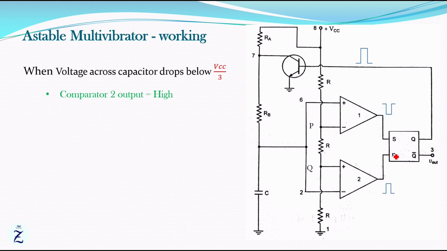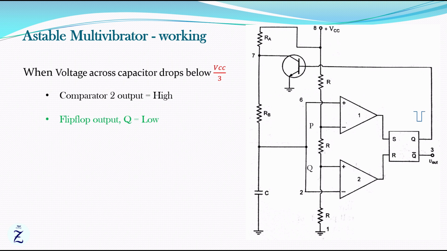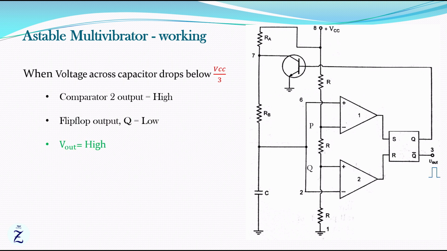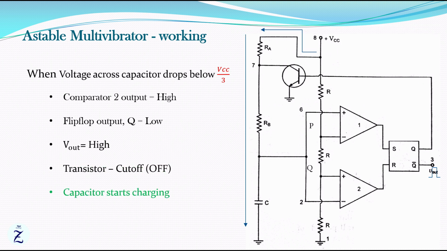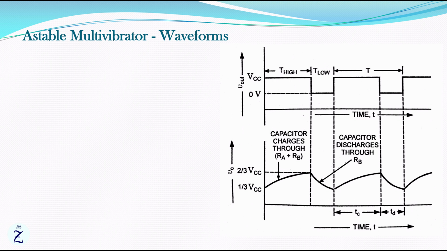And this resets the flip-flop so that Q becomes low and the timer output becomes high. As Q is low, the discharge transistor turns off again and the cycle repeats. This is how the auto transition occurs in the output from low to high and then to low.